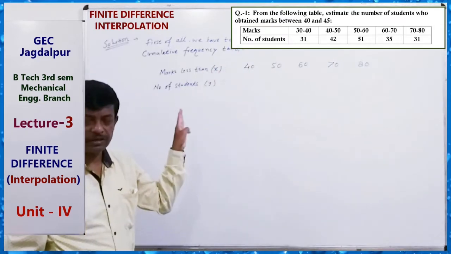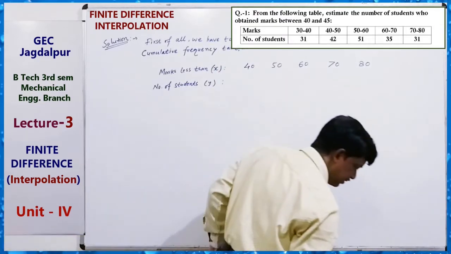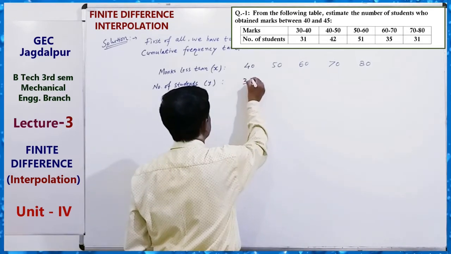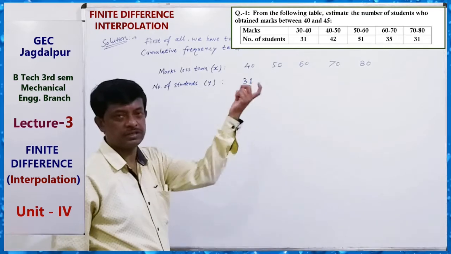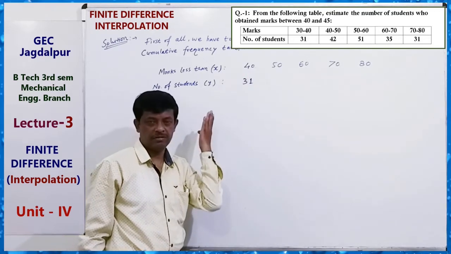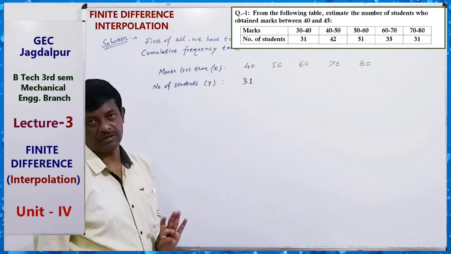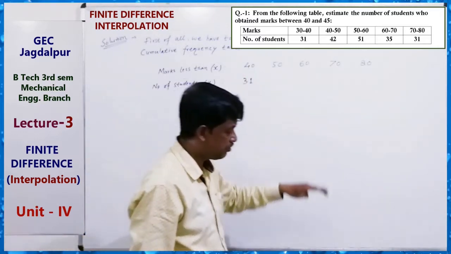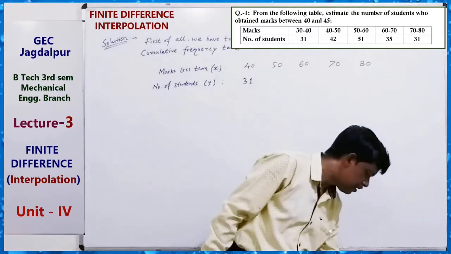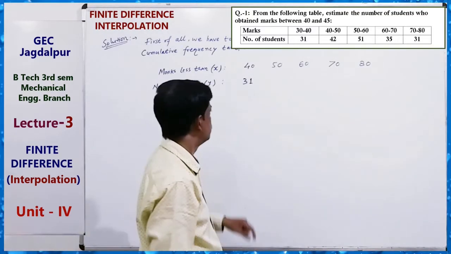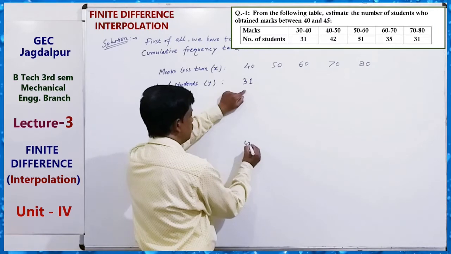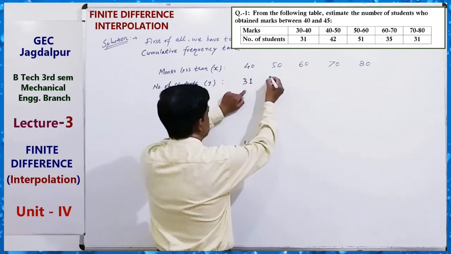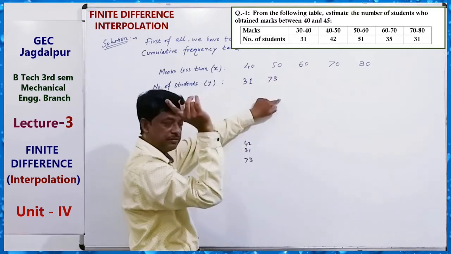Marks less than 40: the number given is 31. Marks less than 40 means 30 to 40, less than 40, 31. And then for 40 to 50 is given 42. So what will be the value? 42 plus 31, 73. This is the cumulative frequency.